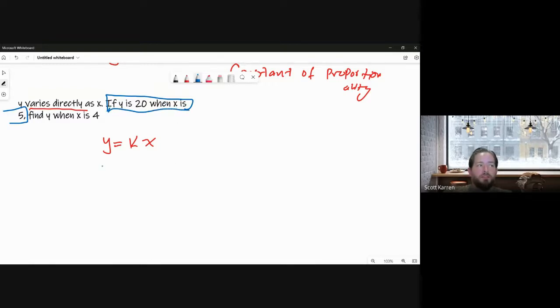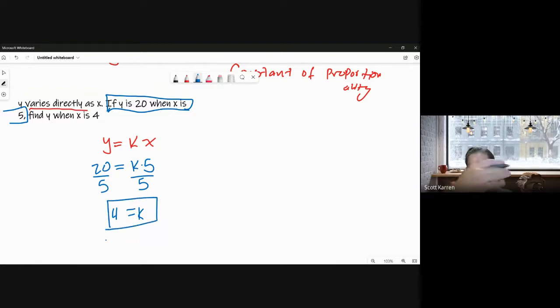So if y is 20 when x is 5, I can plug those two values in. And the only thing that I don't know now in this equation is what k is. But that's easy, because if I divide both sides by 5, then k is 20 divided by 5, which is 4. And so I know now that k has to be 4, and k is always 4 now through this problem.